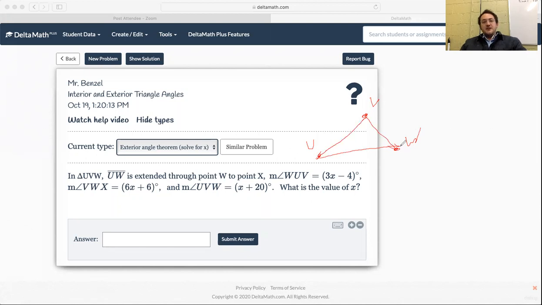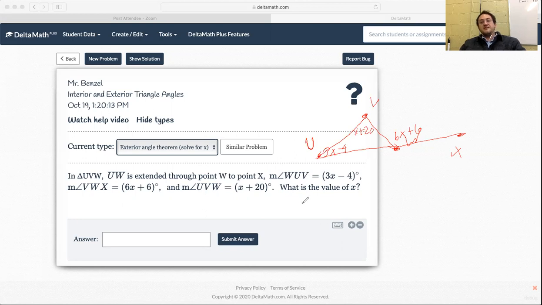It says that UW extends through W to a point called X. It says that angle WUV is 3x minus 4, angle VWX is 6x plus 6, and angle UVW is x plus 20.